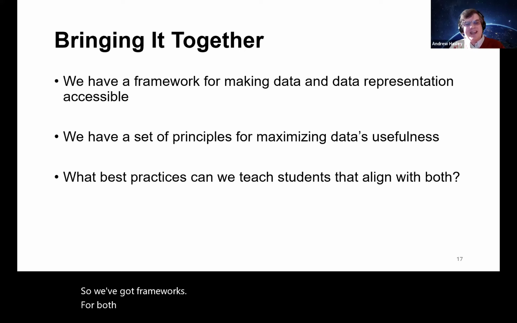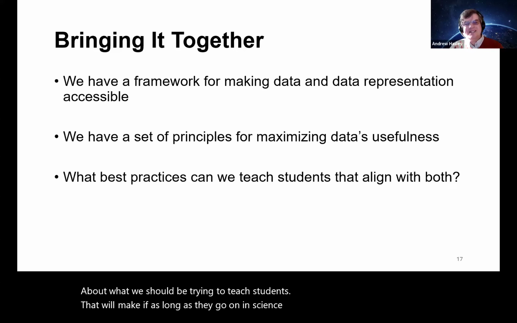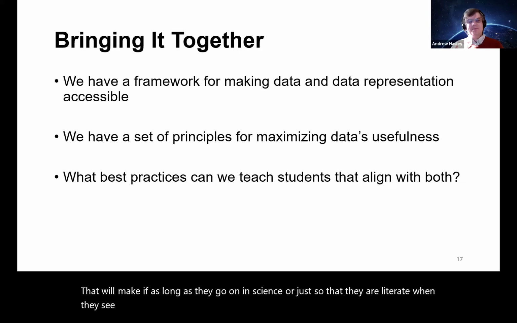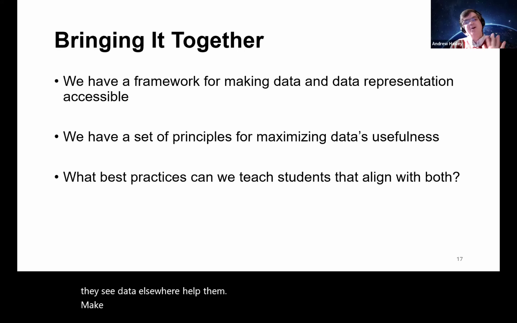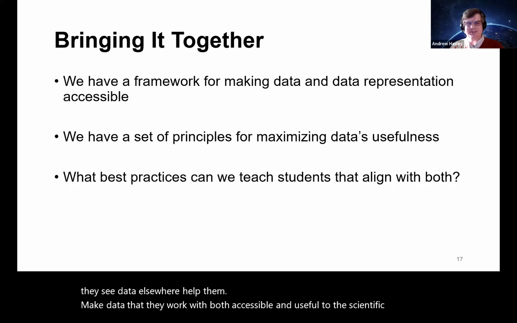What do they say about what we should be trying to teach students, as long as they go on in science, or just so that they are literate when they see data elsewhere, to help them make data that they work with both accessible and useful to the scientific community, and ideally beyond the scientific community?